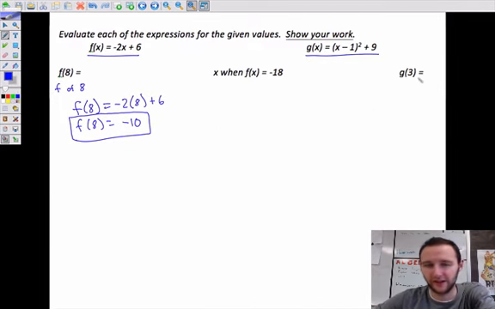I'm going to skip over to here and leave the middle one alone for a second because it's a little different. This is g of 3. What g of 3 means is I take x and replace it with 3.